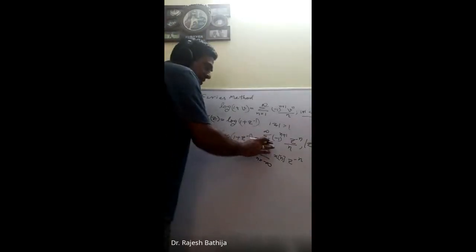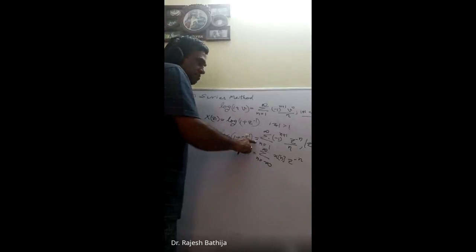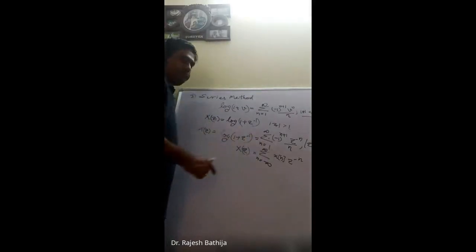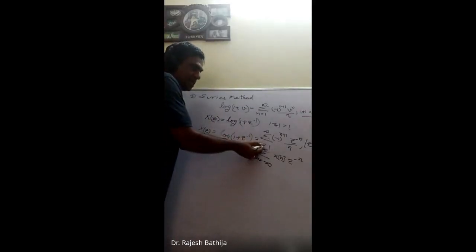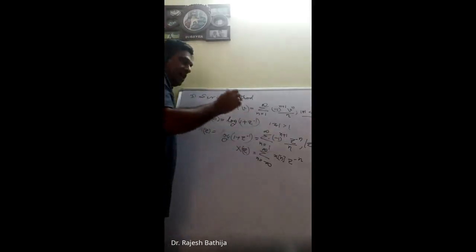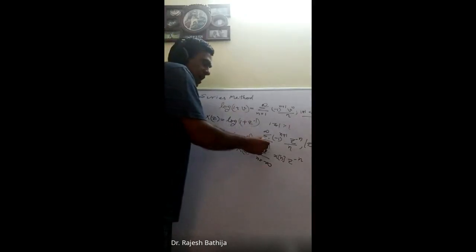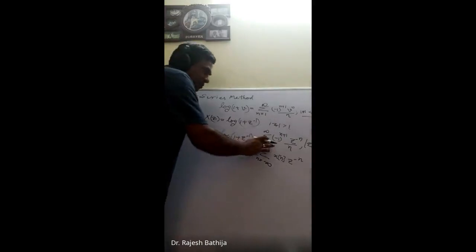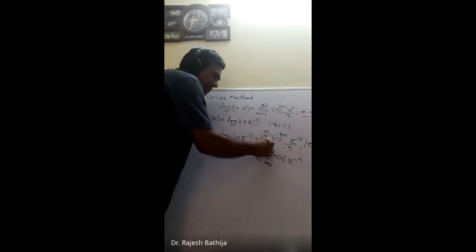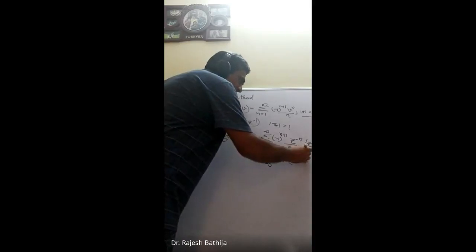This unit step signal should be 0 from minus infinity to 0, because the limits here start from n equal to 1 to infinity. So x of n should be such that the values are 0 from minus infinity up to 0. So I will use u of n minus 1.